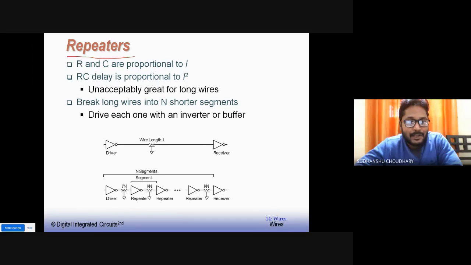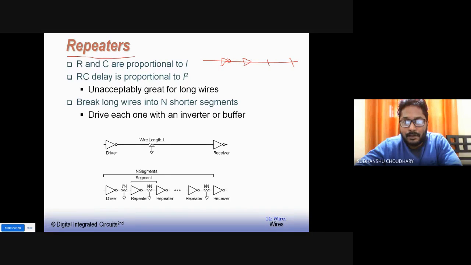That can be prevented, that is, signal strength can be restored to the nominal values if I use repeaters in between the wire. For example, I can divide the entire wire into a number of sections, and these sections can be driven by the use of repeaters.